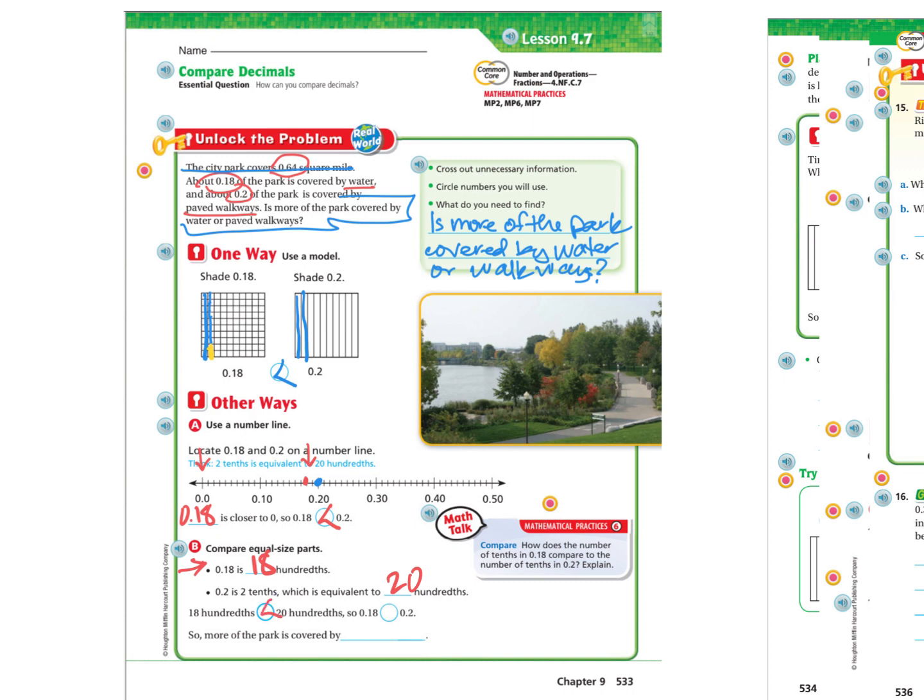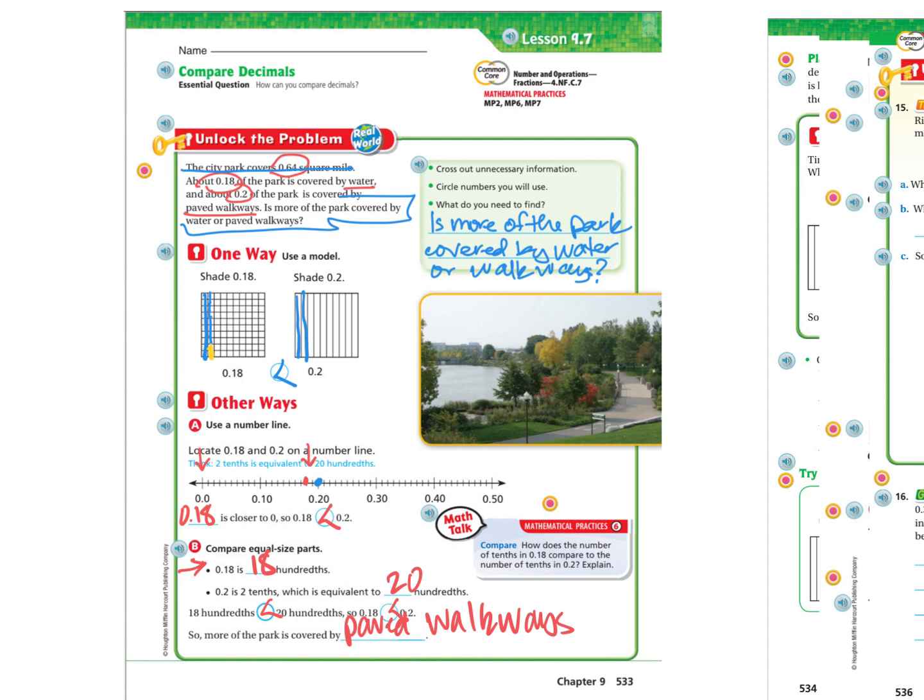Less. Yeah, so 18 hundredths is less than 2 tenths. So which one, it says more of the park, so which one is greater? Walkways. Yeah, remember how up here we underlined that part? So we can just connect. The 2 tenths is the paved walkways. So more of the park is covered by walkways, yeah, paved walkways. Hopefully you're writing this down. Yep. Walkways. Okay, very good.